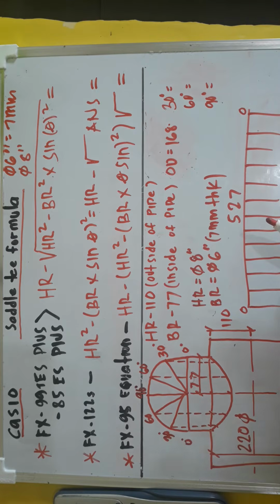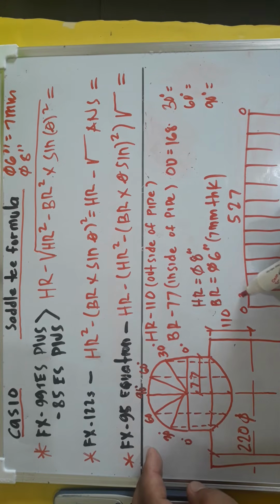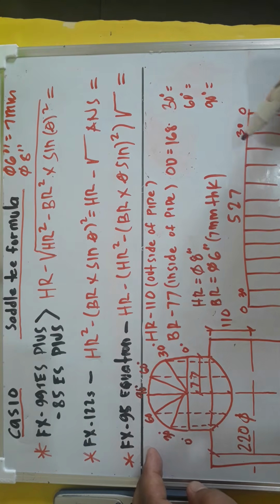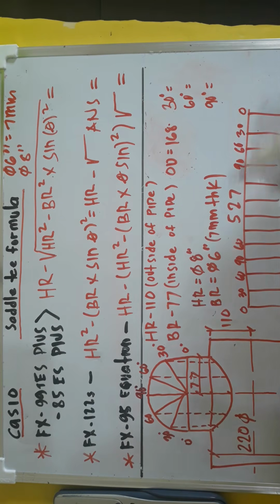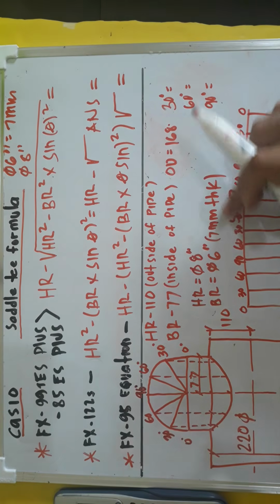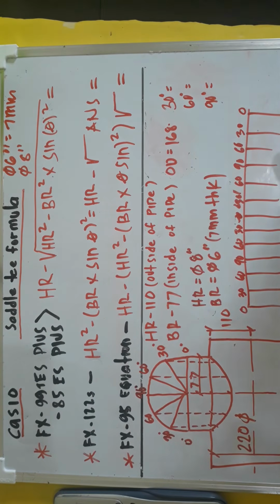And this is the second line, so this is the 30 degrees. And this is also the 30. And 60, 60, 90, 90, and go back to 60, 60, then 30, then 30, and this is 0 again. So this is 527.